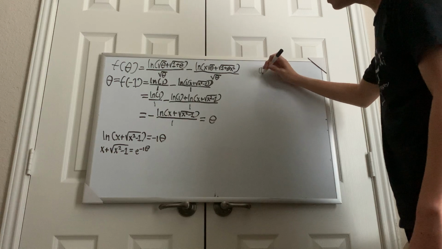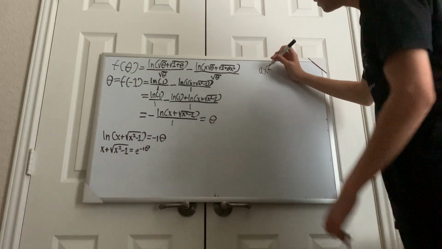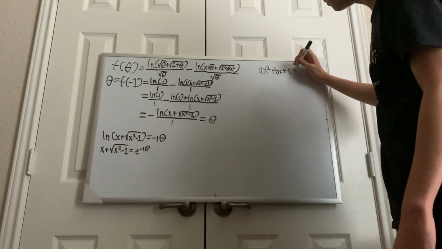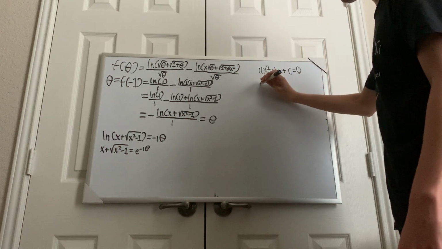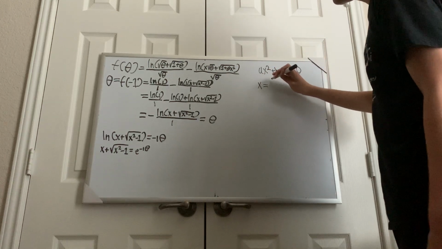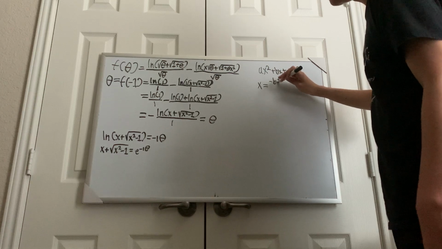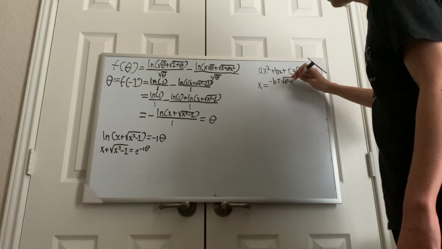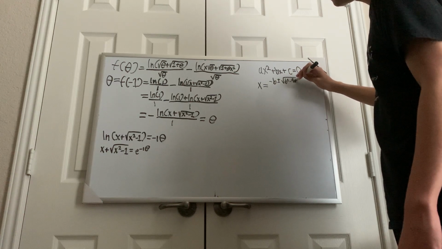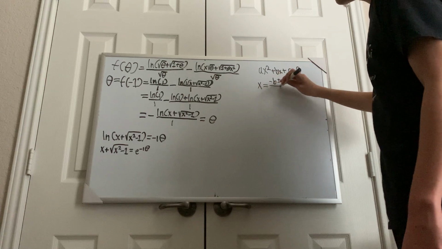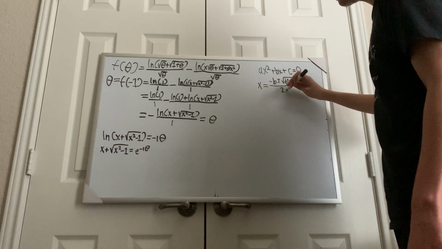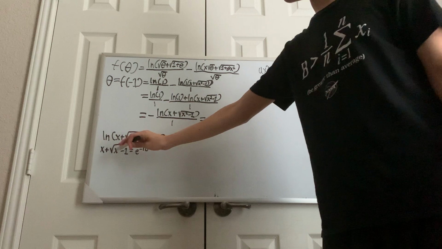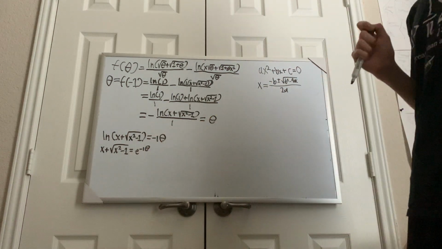So remember, if you have an equation ax squared plus bx plus c equals 0, then x is equal to negative b plus or minus square root b squared minus 4ac, all of that divided by 2a. So now we want this equation to look more like this. How do we do that?